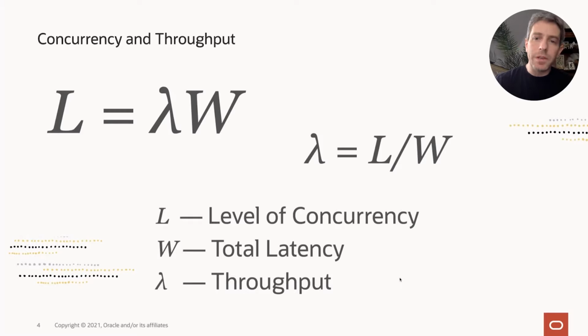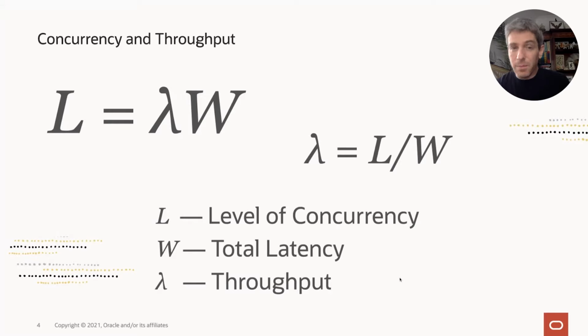Now, I've called W the total latency because there's a nuance here worth paying attention to. Suppose that to serve a request, our server needs to contact two services over the network, each responding within 5 milliseconds. If those services are independent, instead of calling them one at a time, taking 10 milliseconds in total, we call them in parallel.